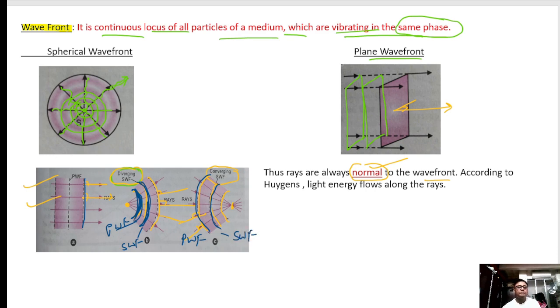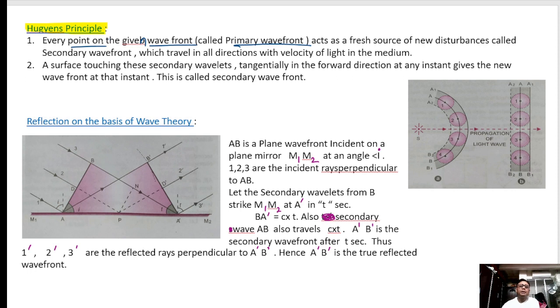Huygens principle tells that every point on the given wave front, that means on the primary wave front, if you take any point, acts as a fresh source of new disturbance called secondary wave front, which travels in all directions with the velocity of light.